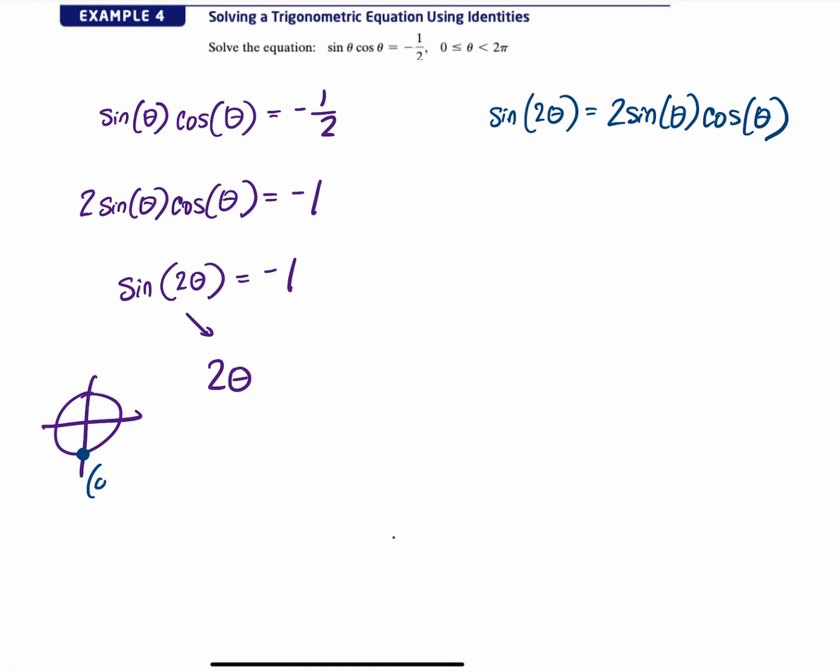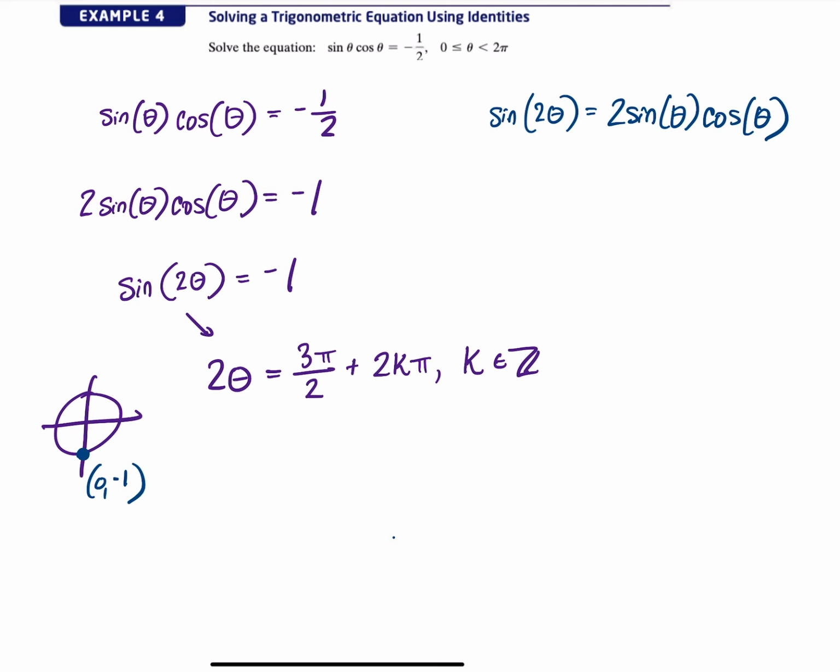That's the coordinate point 0, -1. But then also all coterminal angles to that point. So we can say 2 theta must equal 3 pi over 2, but then the general solution is plus 2k pi, where k is any integer. And this is the general solution that captures all possible coterminal angles to 3 pi over 2.